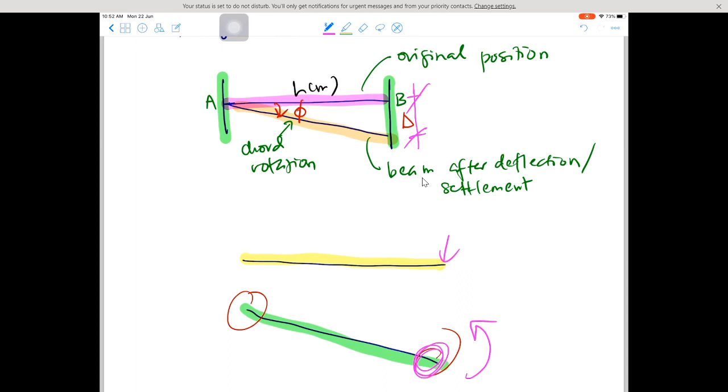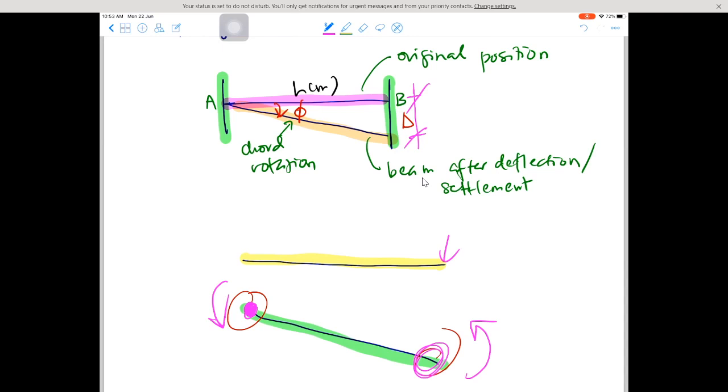We push at that side. And at this point, at A, to move to its original position, we have to apply moment in this direction. When we apply moment in the same direction, only then will the beam go back to its original position.